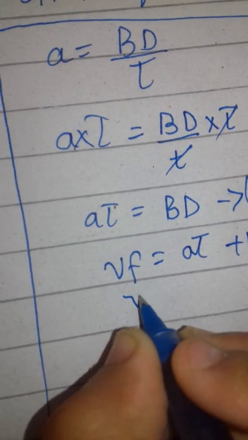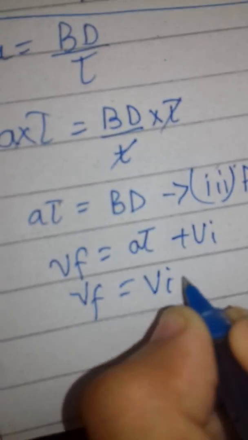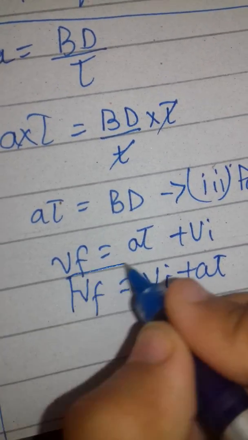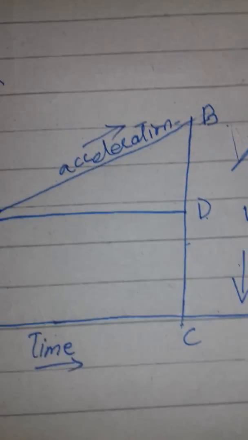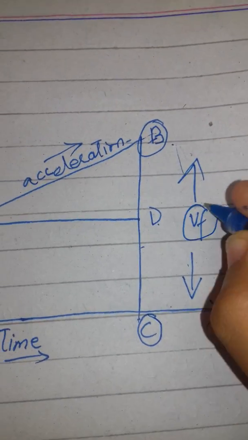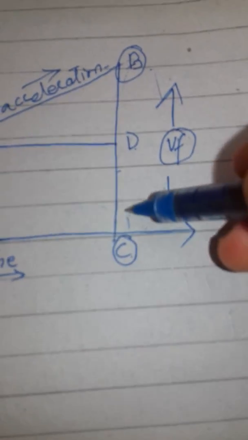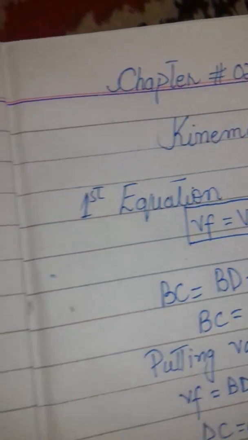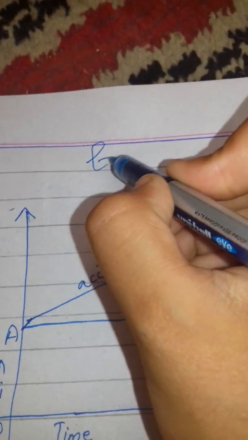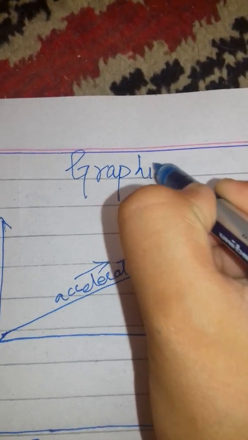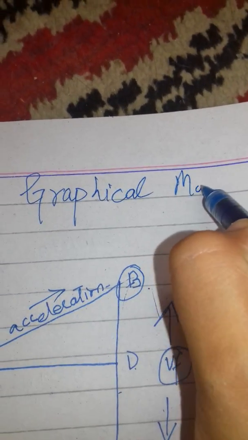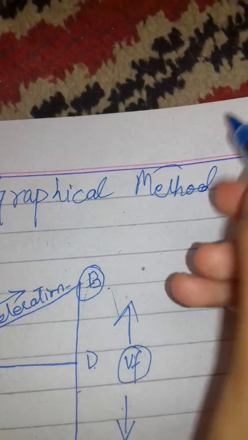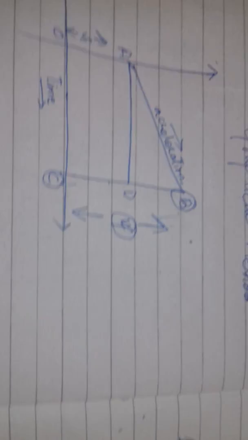Now we can arrange it as Vf equals Vi plus at. For just finding the Vf we can write BC, and from this BC we can derive all of this equation. This is with the help of the graphical method. This is all.